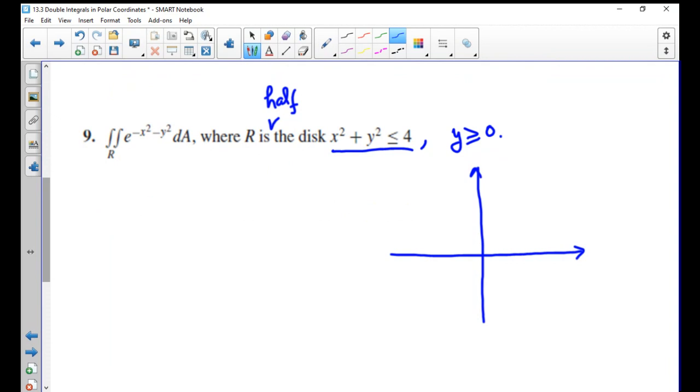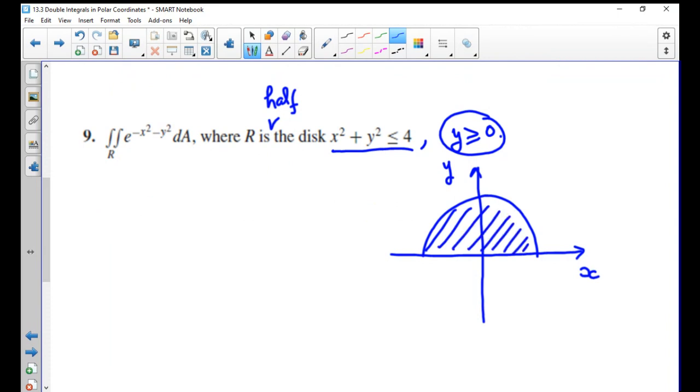But I'm only taking y positive. That means half the circle. I'm only looking now at this region, not at y negative, the other side. So I'm just looking at this region R, half the circle.